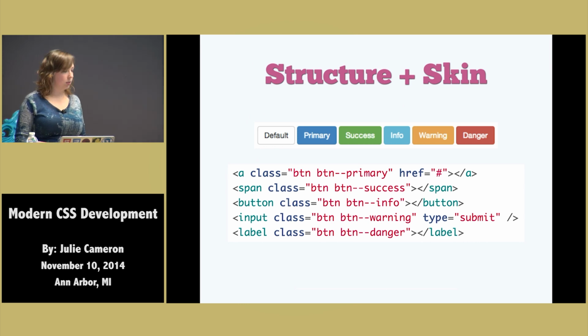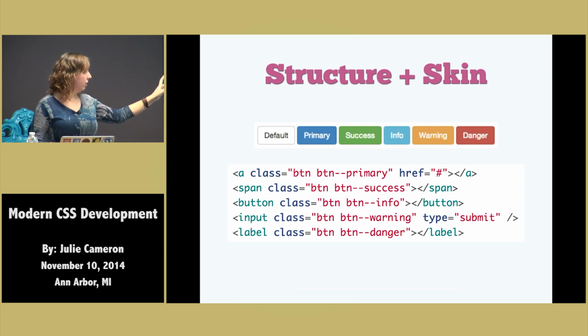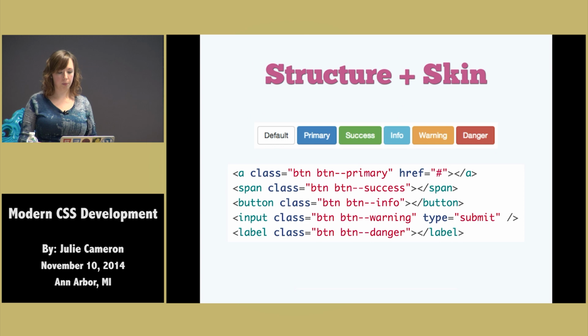So this is sort of single responsibility in action. Our button class, the BTN class, handles purely the structure. And then our skin classes handle purely the skin, the cosmetics. They do one thing. They're interchangeable. We could put any skin class on any of those elements, and it's going to do what we want it to do.